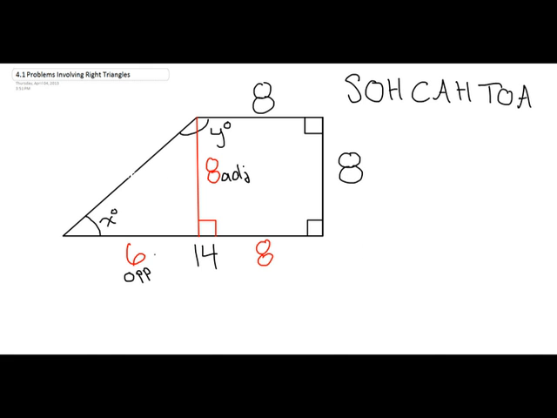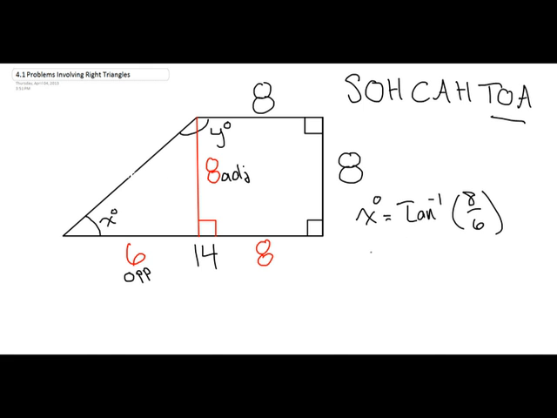So which function here uses opposite and adjacent? Well, that's tangent. So what we're going to have is the angle x is going to be equal to the inverse tangent of our ratio 8 over 6.